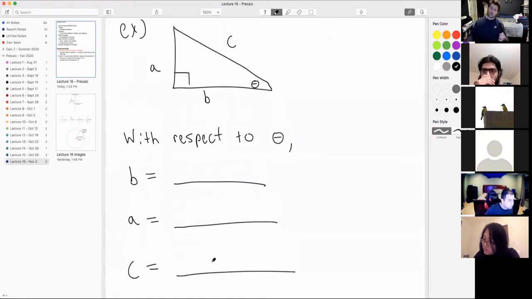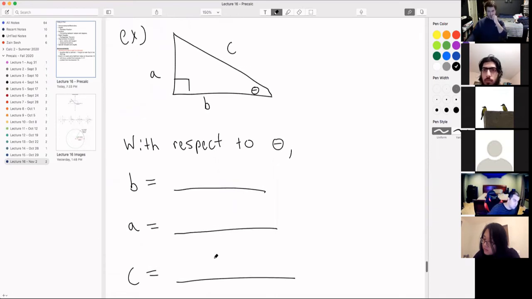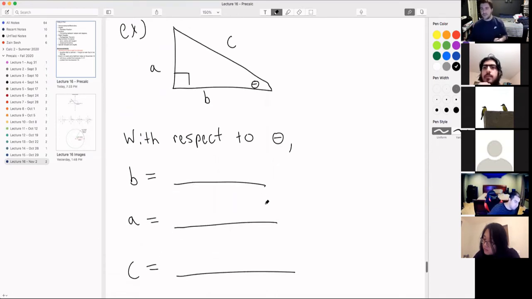So I'm looking for the words opposite, adjacent, and hypotenuse. Let's think about this for a second, and then if maybe someone wants to tell me what to fill in, I would appreciate that. So here is my starting point. I'm here at theta. Now this will determine an adjacent and an opposite side. So let's think about that for a moment.